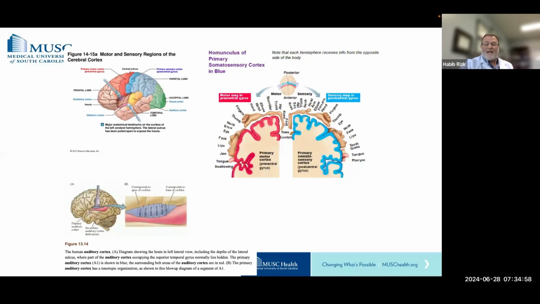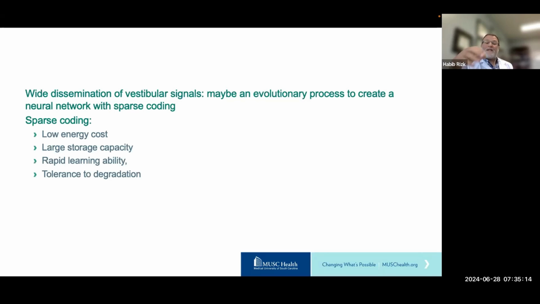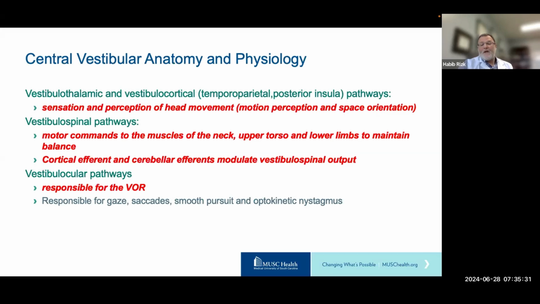In humans, while it hasn't been mapped as diligently as in animal studies, we know there's a similar structure that is widespread and disseminated in the insula, very close to the auditory cortex, olfactory cortex, and parietal cortex. And the thought is that this wide dissemination of the vestibular signals in the cortex is potentially an evolutionary process with sparse coding that allows us to rapidly learn, to have a large storage capacity, and has a high tolerance to degradation.